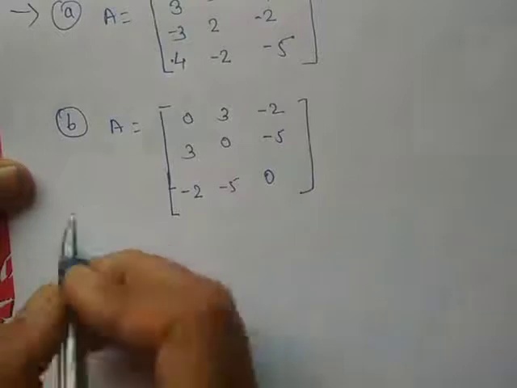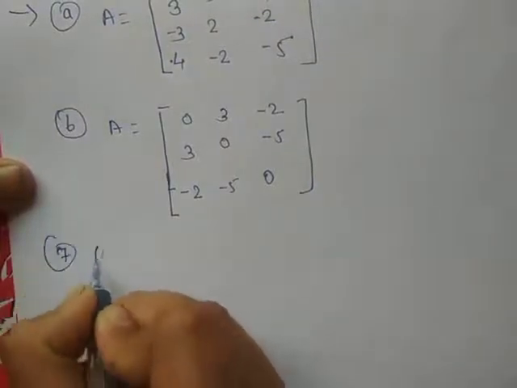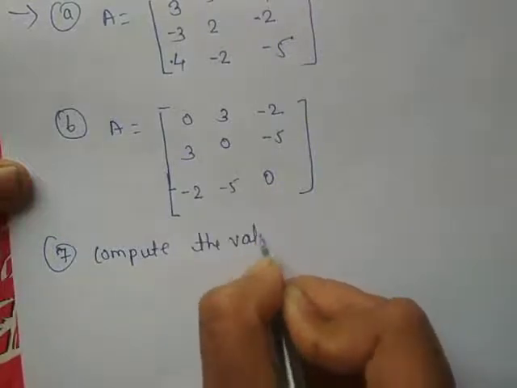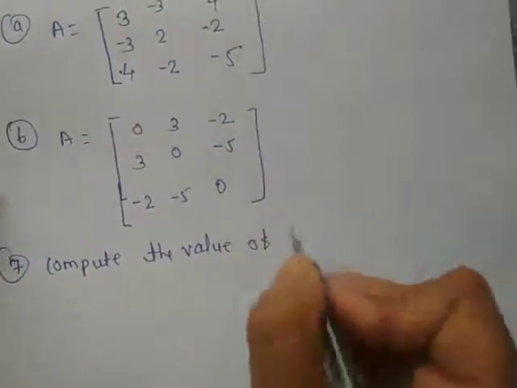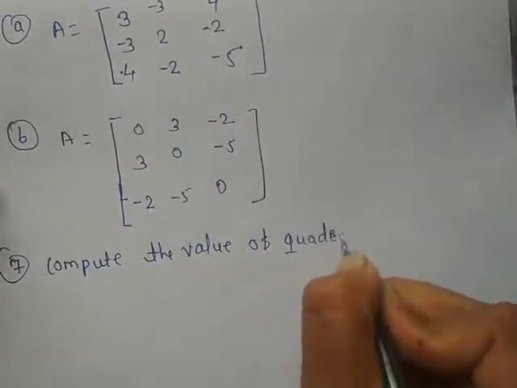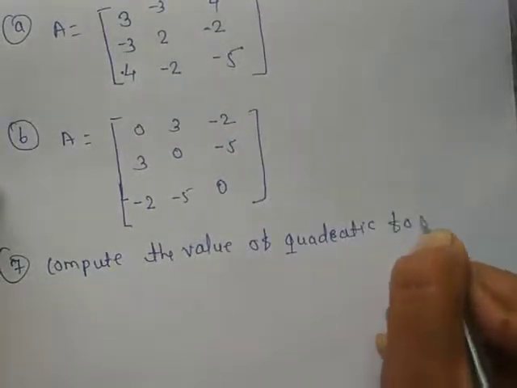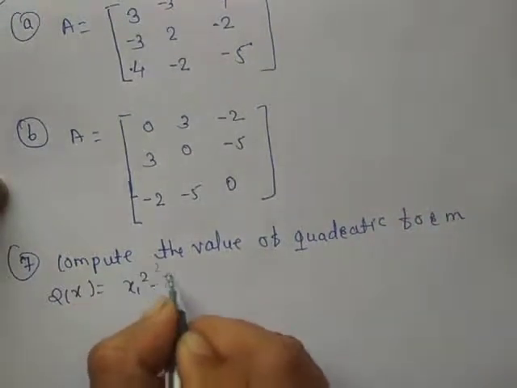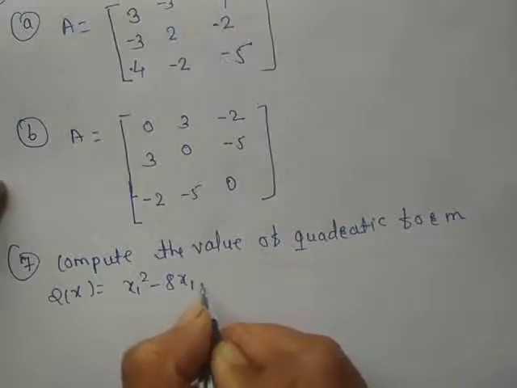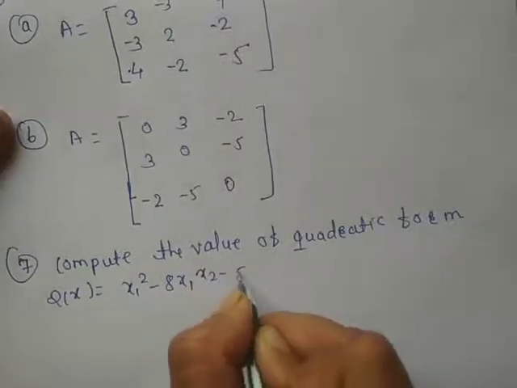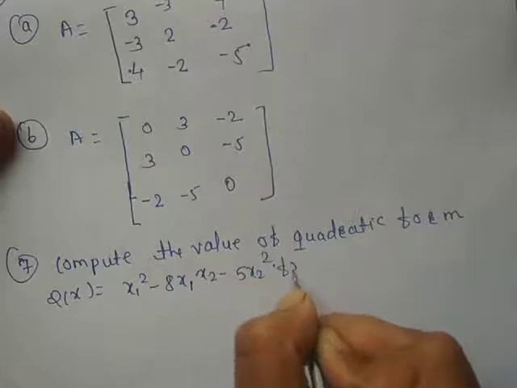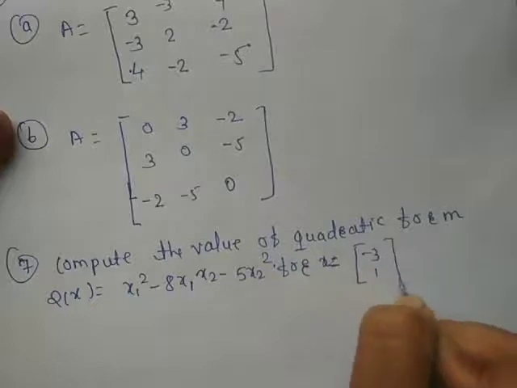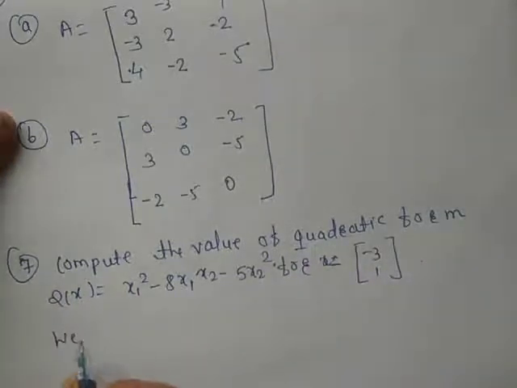Okay, let us take the next example, example 7. Compute the value of the quadratic form Q of x equal to x1 square minus 8x1 x2 minus 5x2 square for x equal to the vector -3, 1.